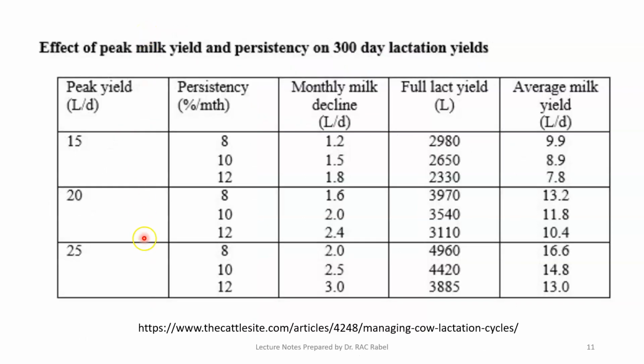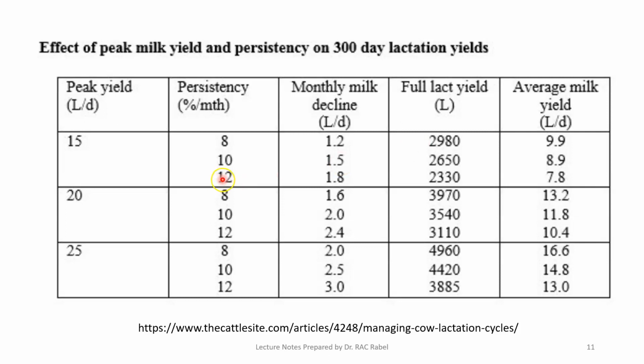But what is considered is to multiply this by 200, which gives you an approximate lactation yield, provided the drop was not too bad. So if it was an 8% decline, it's approximately 15 times 200, 3,000.